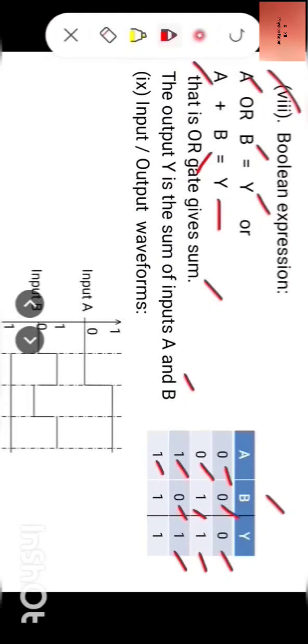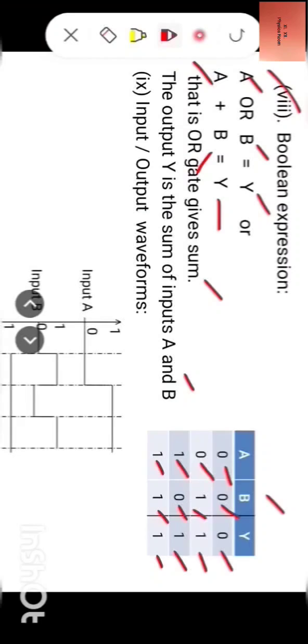8th, Boolean expression. Input A or input B is equal to output Y, or A plus B is equal to Y, that is input A plus input B is equal to output Y. Now let us look at the table. 0 plus 0 is equal to 0. 0 plus 1 is equal to 1. 1 plus 0 is equal to 1. 1 plus 1 is equal to 1 0, which is 2. 1 plus 1 in decimal is 2.